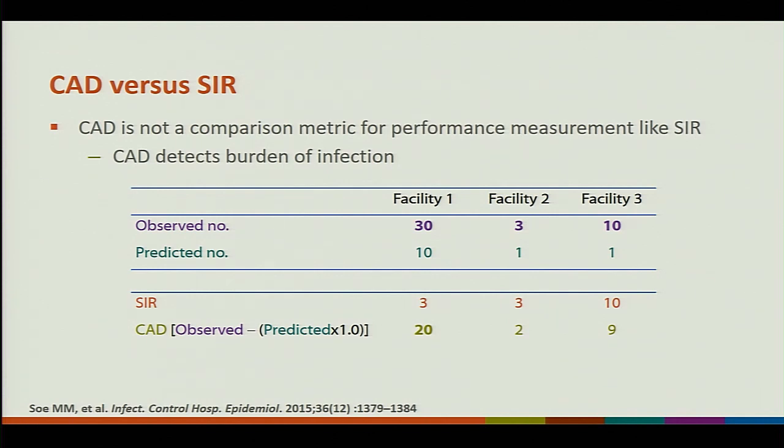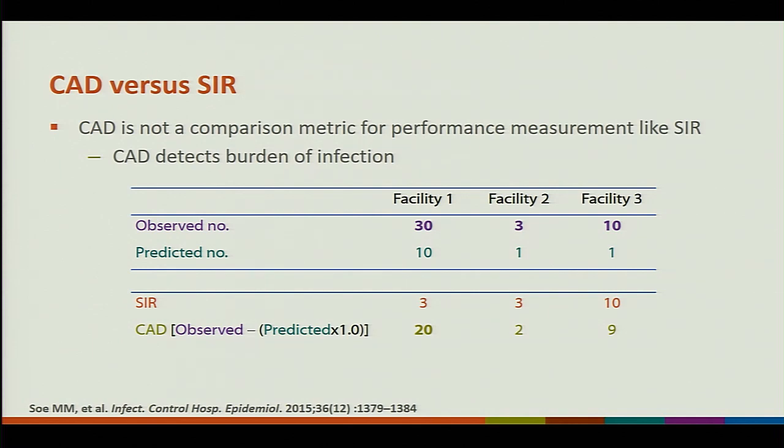To highlight what we mean by that, CAD versus SIR, in this example we see that we have three different facilities where facility 1 and 2 both have an SIR of 3.